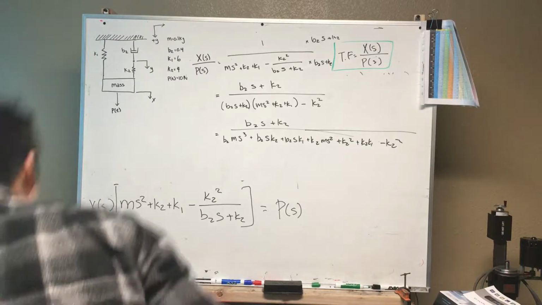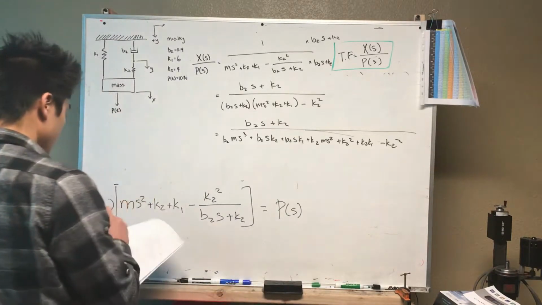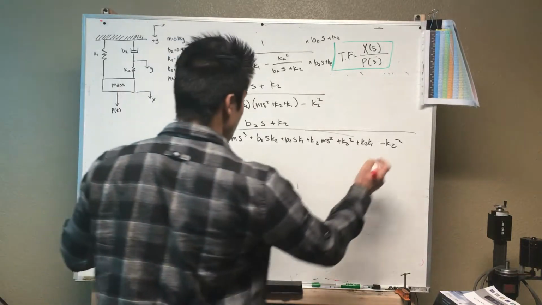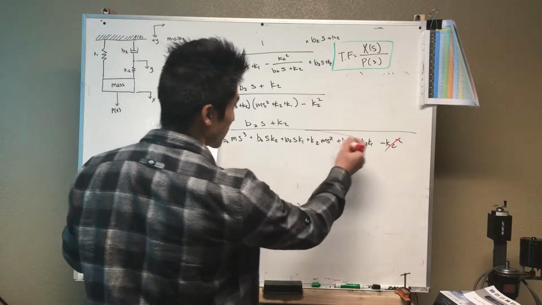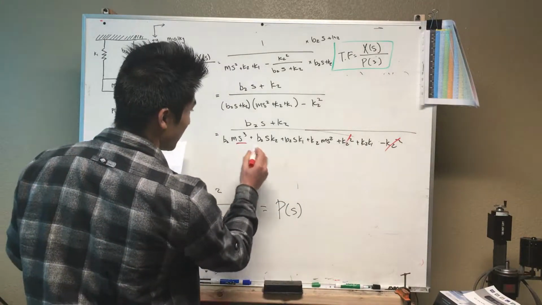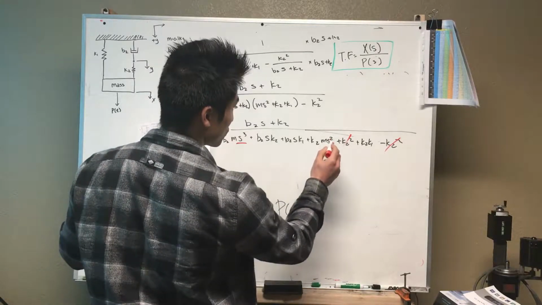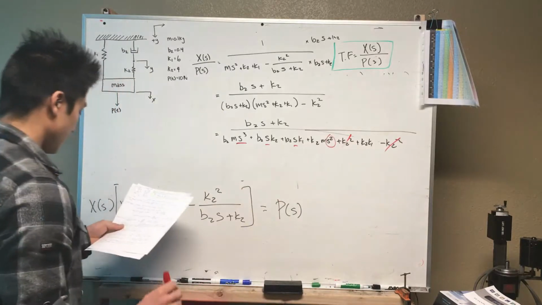And we can notice that the k2 squared here, and there's another one somewhere right here, they cancel out, and we have an s cubed here, we have an s squared, and we have s's right there.